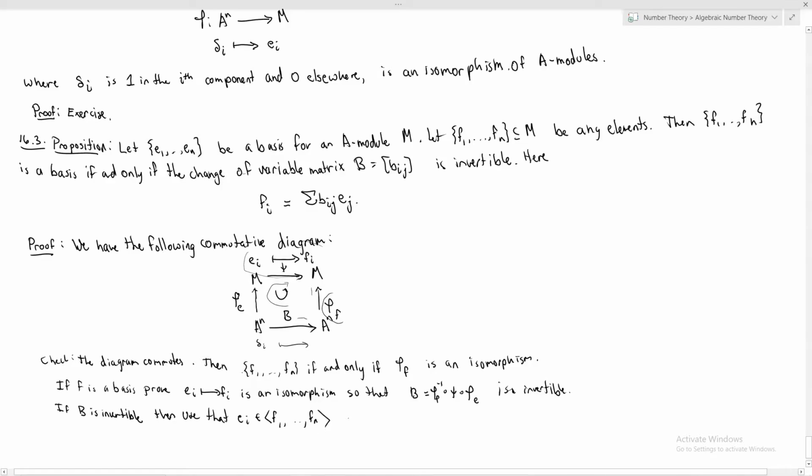Okay, so if they're invertible, then you can show this, and show linear independence of these by hand. So you have to be a little more careful. Basically, if you had a linear combination of these that were 0, you could apply B and then get a linear combination of the E_i's which were 0, and so on and so forth.